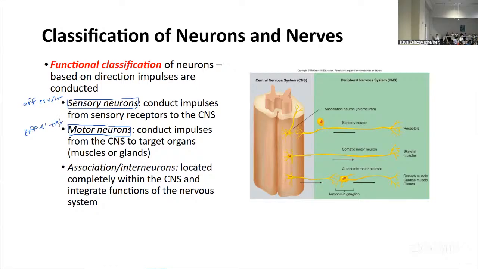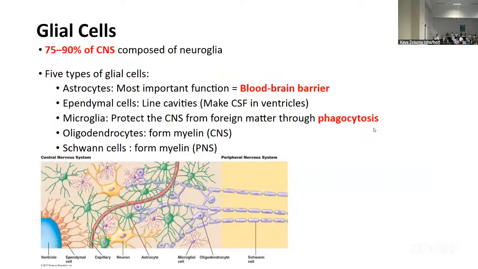Okay. And then we also see some neurons that are fully within the central nervous system. Don't leave it, don't talk to the peripheral nervous system at all. So we might have some association or interneurons in the central nervous system itself. Now we have the glia, sorry guys. So you'd think the 100 trillion synapses, those 100 billion neurons in the central nervous system would be the main part, but they're actually not.